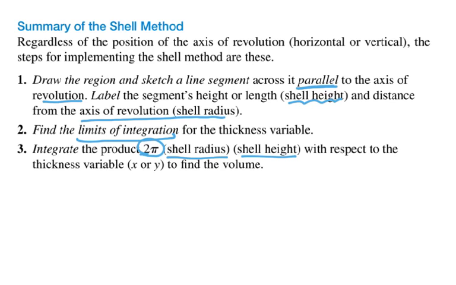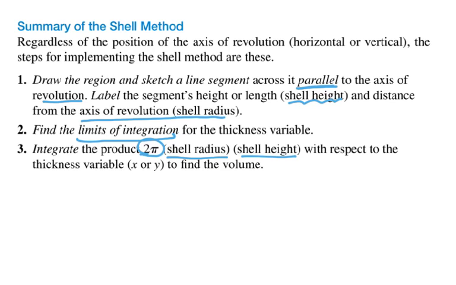And so now we've basically used both of these methods, our shell method and our washer method. And the washer method is just kind of a more formal description or definition of the disk method. For some regions, both the washer and the shell method are going to work well for generating the solid that's created by revolving a region about some coordinate axis, but that's not always the case.